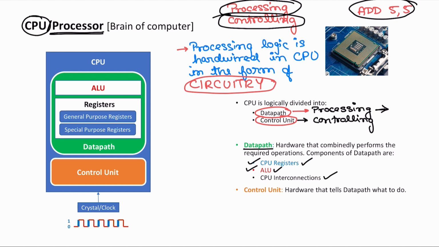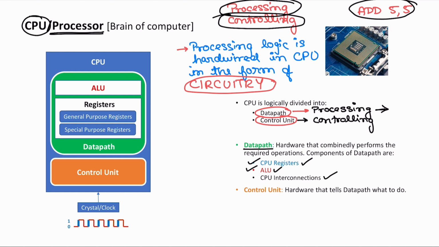The control unit will send one signal to the ALU component, and it will instruct the ALU component to perform the addition operation, right? It is a controlling unit. It controls everything inside the data path, how the processing will happen. This is the controlling part, and the control unit does the controlling part.